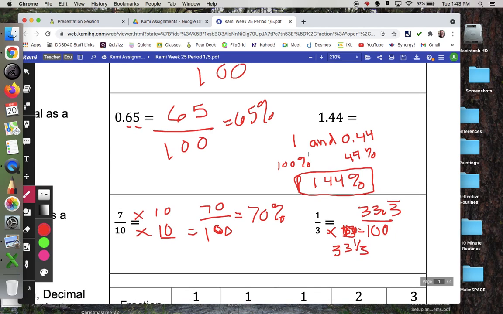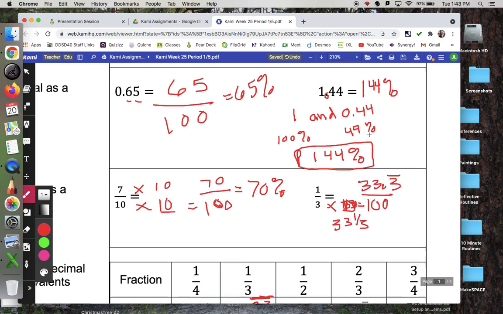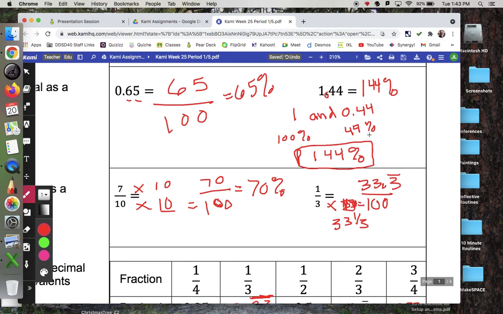The one that we did talk about a little bit is because of this decimal right here, then it's really 1 and 44 hundredths, and 1 is 100%. So this is more than 100%. It's 144%. So that's a good thing to know.